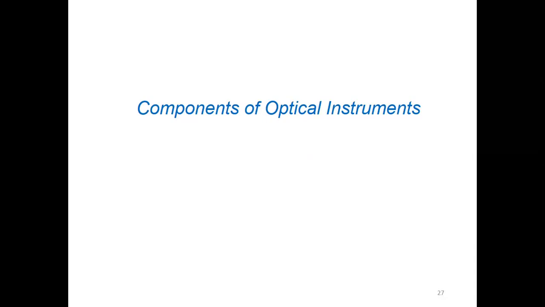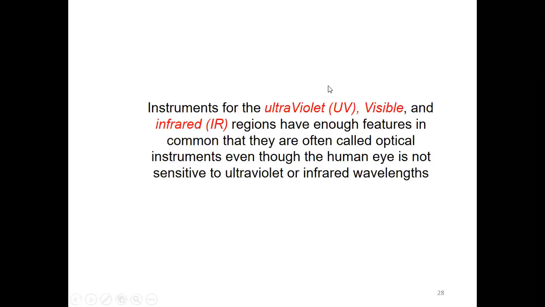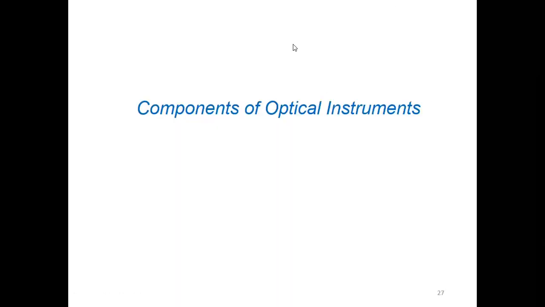What we are going to talk about next is the components of an optical instrument. Here also, I will not talk in detail about different optical techniques, but the basic components of an optical instrument will be discussed here, right?